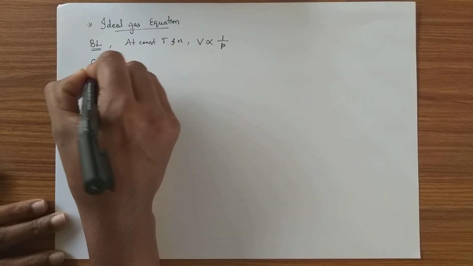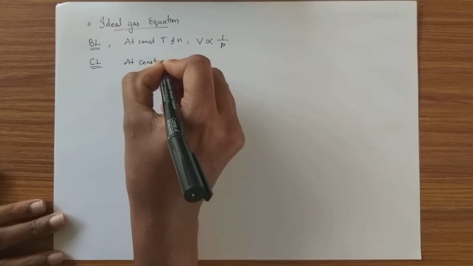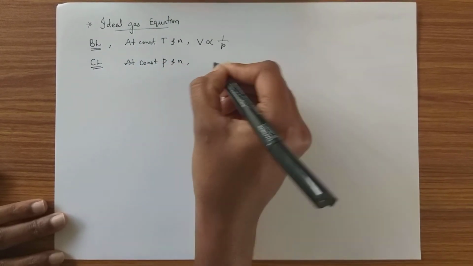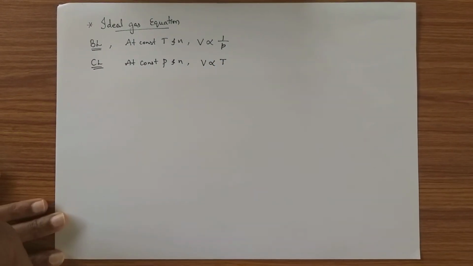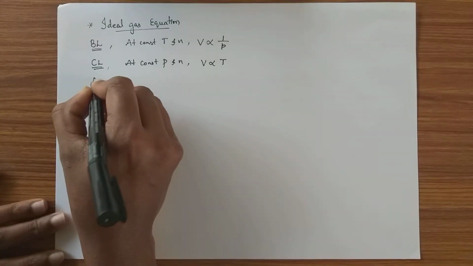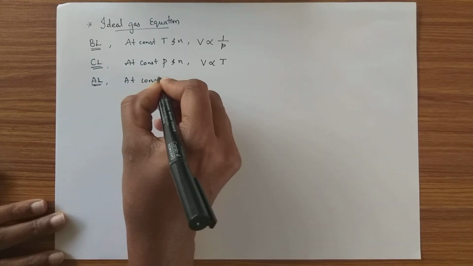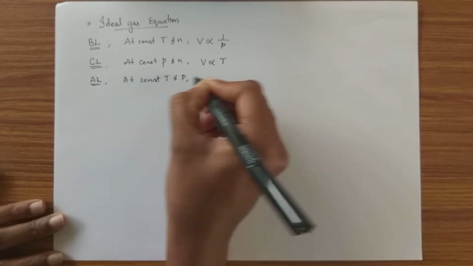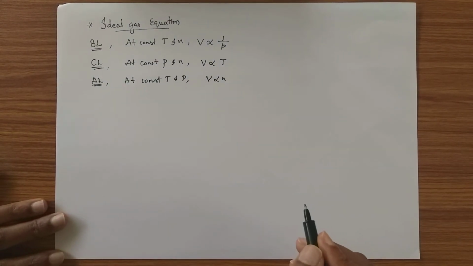Next, according to Charles' law, at constant pressure and number of moles, volume is directly proportional to temperature. Then according to Avogadro's law, at constant temperature and pressure, volume is directly proportional to the amount, that is the number of moles.